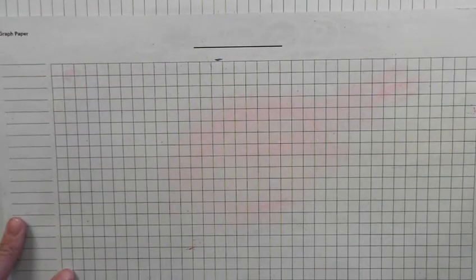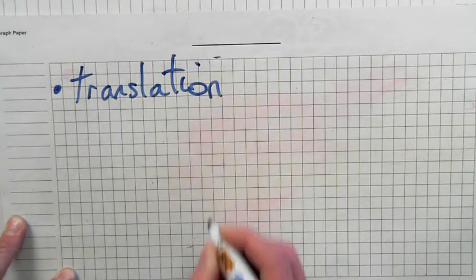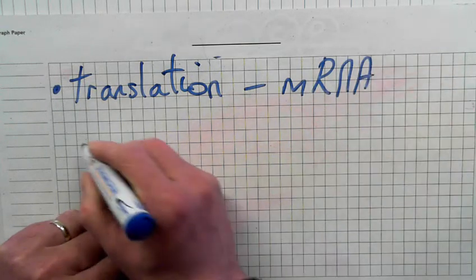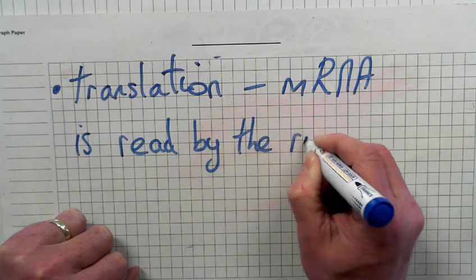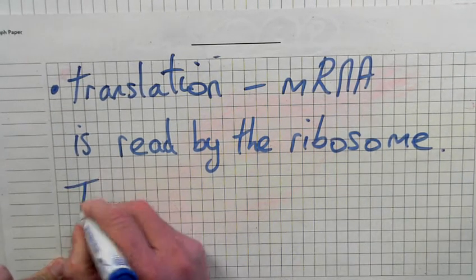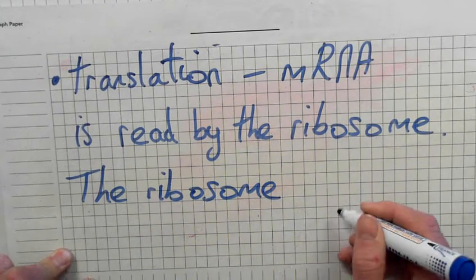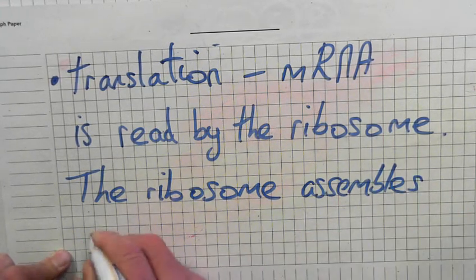Right. Write down translation. Did you understand that? Doesn't get any harder than that. Translation. Messenger RNA is read by the ribosome. The ribosome assembles amino acids.